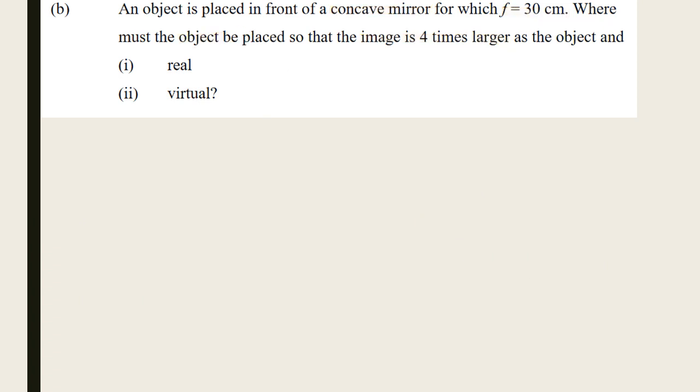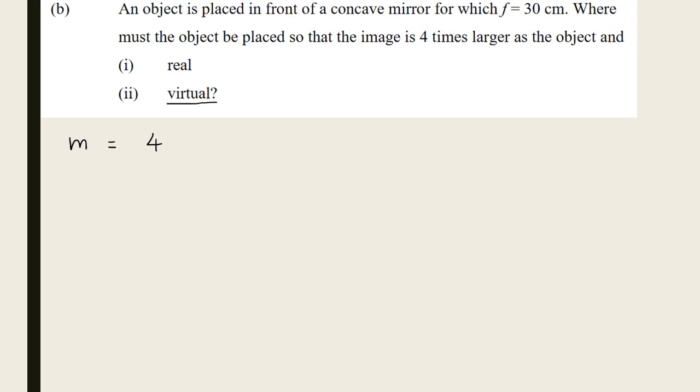Okay, next we're going to try doing the same thing to equation B2. The actual difference is now image is also 4 times larger, but the image is virtual. So what do we know about a virtual image?